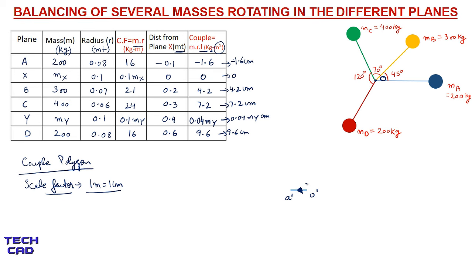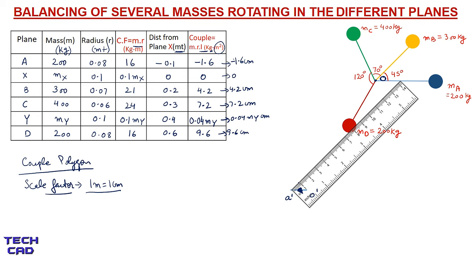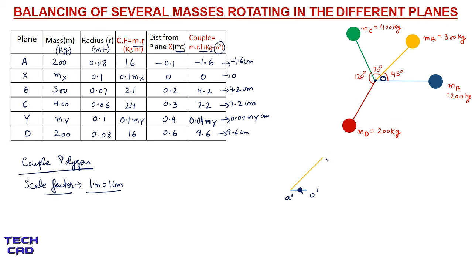After that, for the mass MB, take the scale again parallel to that particular angle, which is 45, and make a line of 4.2 centimeter. So this is a 4.2 centimeter line and this point is B dash.